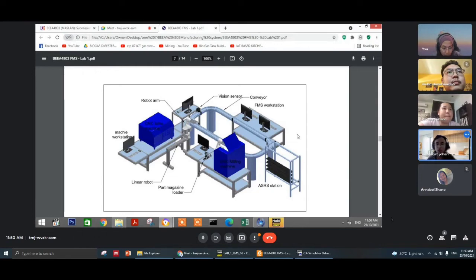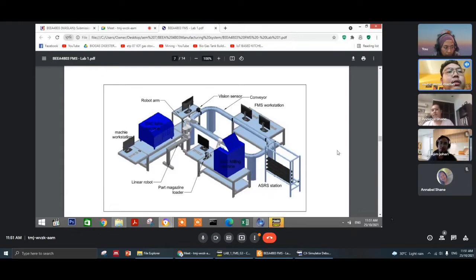So the process is the robotic arm will pick an aluminum rod from the workstation area and put it into the CNC lathe machine, and then after the CNC lathe machine finishes the job, the robotic arm will take out the material that has been machined and put it on the jig, and the jig will go to the next station. That's all from me. Thank you.